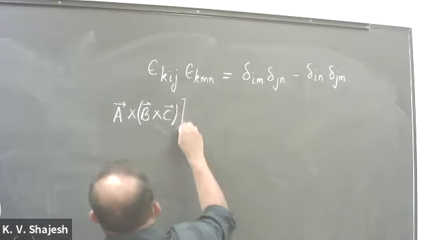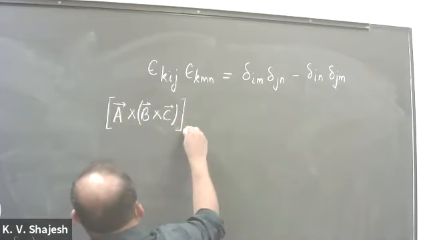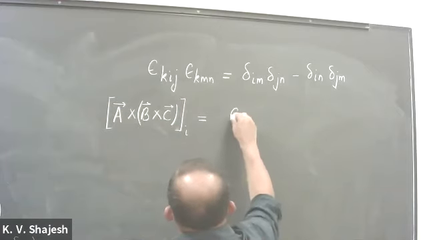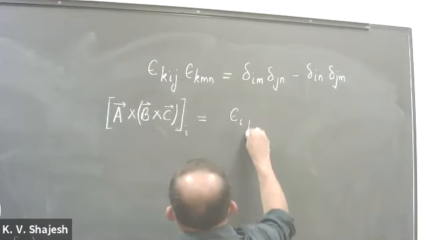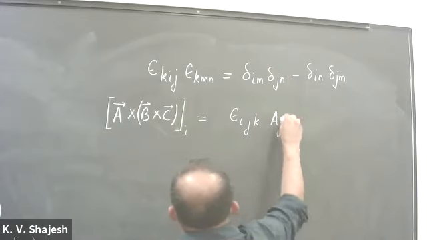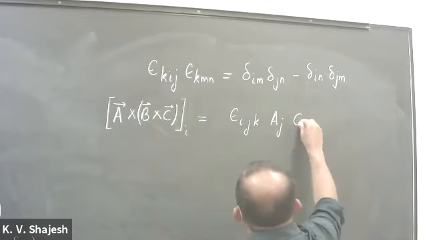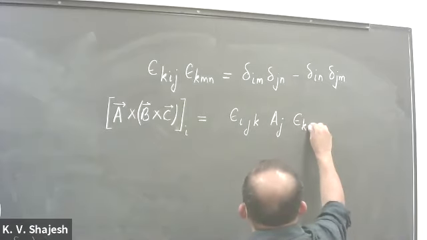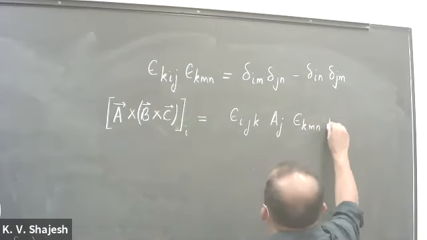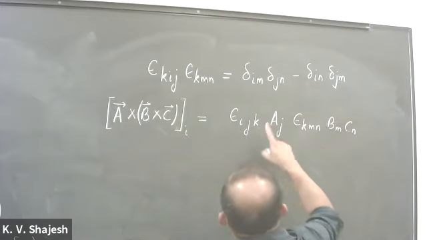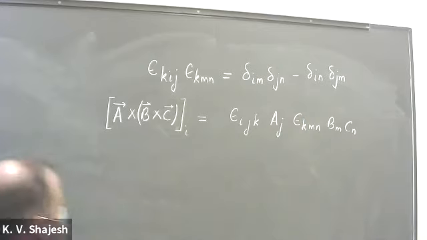Okay, so if this was the ith component, but I'll change this in a minute, probably. So this will be epsilon IJK, B_M C_N epsilon... again epsilon K M N, A_J B_M C_N. Yeah, that's the same structure. Good. Okay.